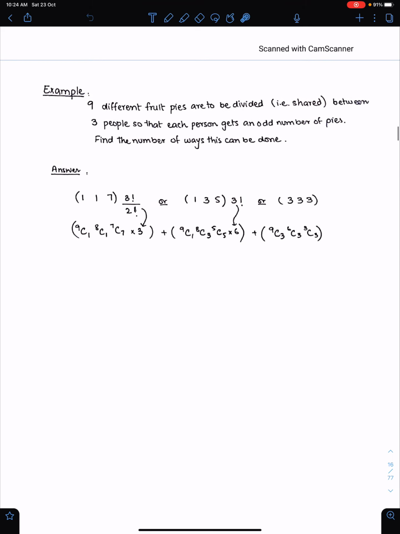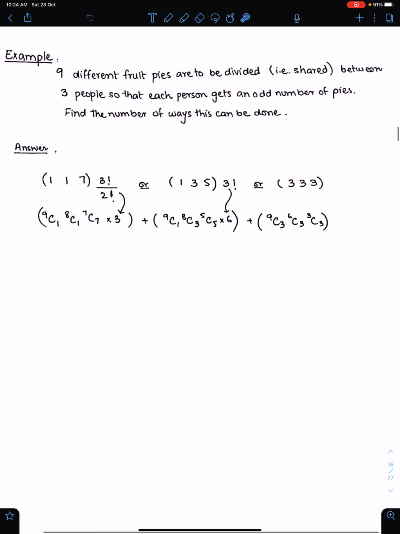This is the example. 9 different fruit pies are to be divided or shared between 3 people so that each person gets an odd number of pies. Find the number of ways this can be done. So we have to find the possible ways to distribute these 9 different fruit pies in odd numbers. 117 is the first way.